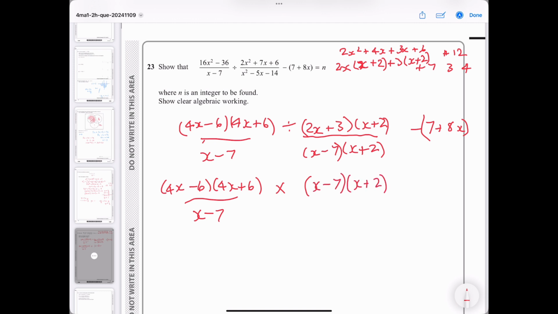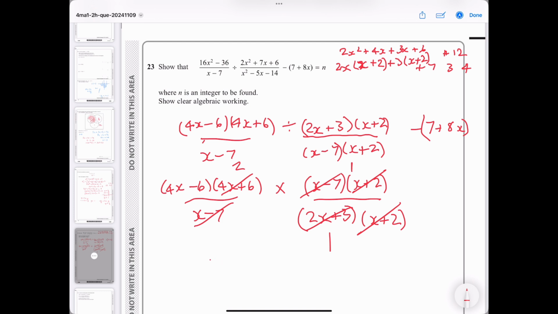Suddenly it gets a little bit easier. 2x plus 3, x plus 2. So I could have got rid of those, I can get rid of that, so that's just 1 there. Now 2x plus 3, that means that's just 2, and that's a 1. Okay, so that's just 1.